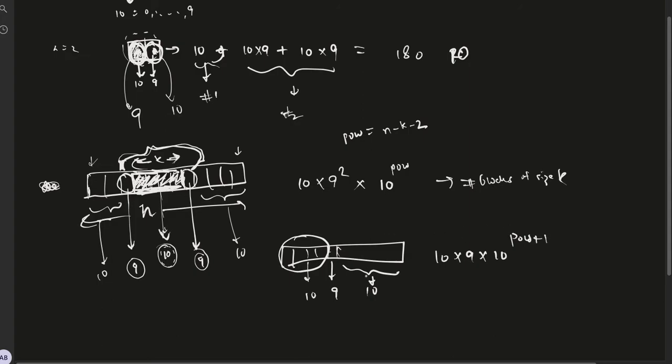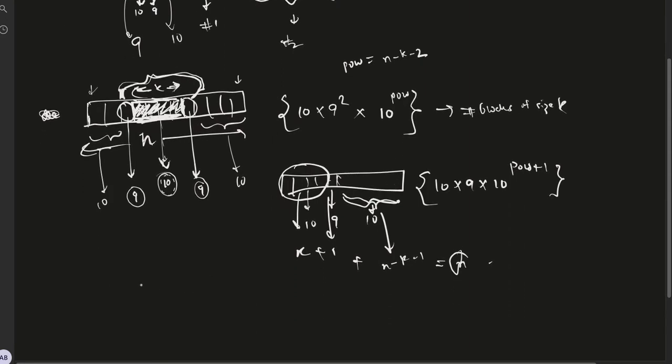These are basically n minus k minus 1 elements, because these are k elements, this is 1 element, this is 1 element, and the sum should be n. So this is the answer. So the cumulative answer, the number of blocks of size k, would be this term plus this term.